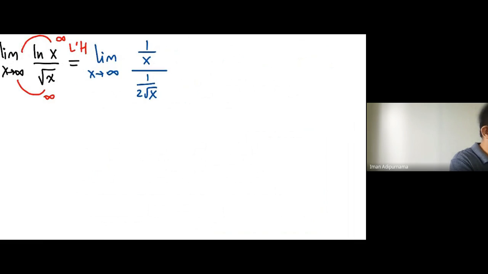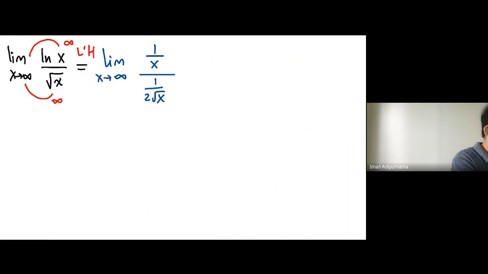Okay, if you check directly infinity to here and here, it will be 1 over infinite, right? And it will be 0, right? And maybe on your mind, okay, let me do L'Hopital rule one more time. But you shouldn't do that first, okay?